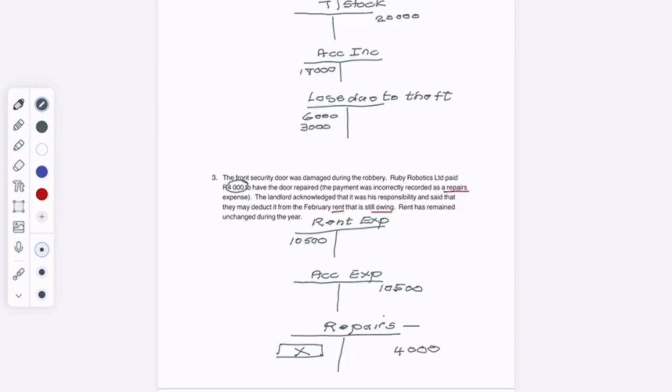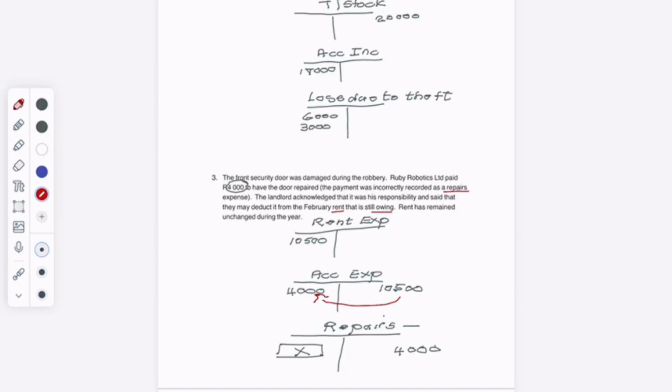Where's your debit? We're going to take it off what we owe to the landlord. He says deduct it. Okay, so let's go and deduct that. 4,000 comes off your accrued expense. So you can clearly see we've got our double entry. What is going to be paid to the landlord, therefore, is the 10,500 minus the 4,000 Rand.